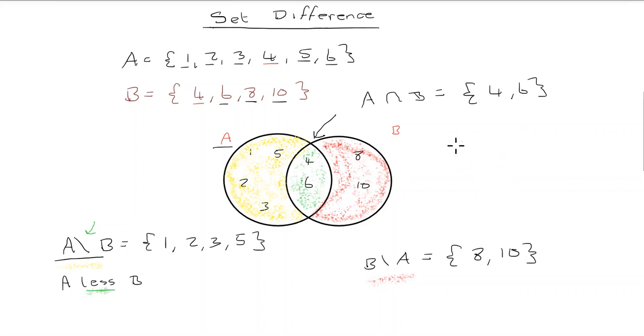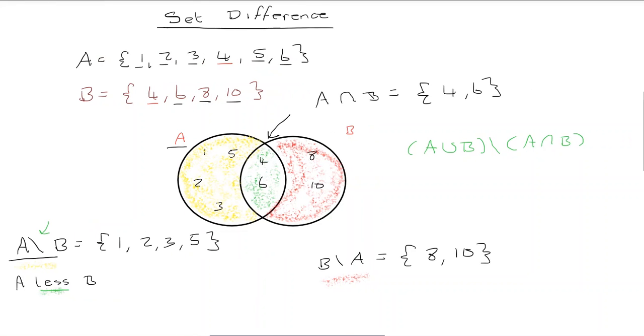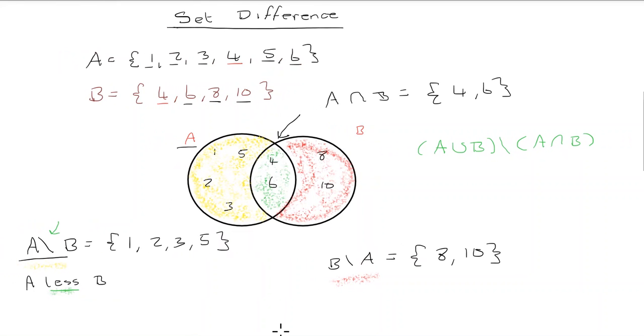If we had the bracket A union B bracket, and then we used the less sign, less A intersect B. What elements are going to be contained in this set here? Basically what we're saying is A union B less A intersect B.